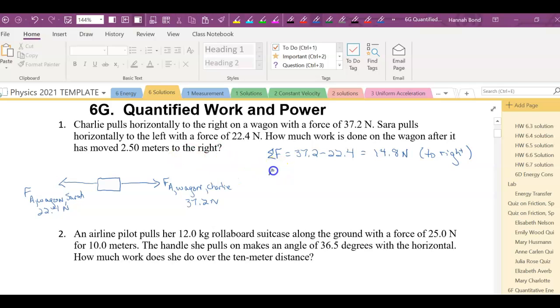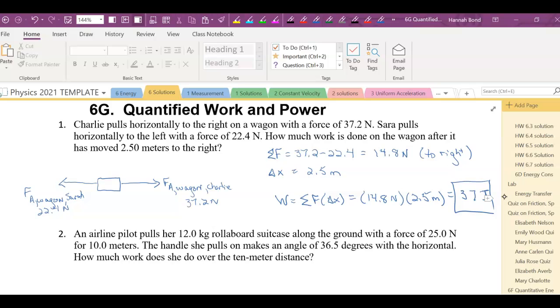The displacement of the wagon is 2.5 meters. The work is going to equal that net force times the displacement. And so it's going to be 14.8 newtons times that 2.5 meters, which is 37 joules. So Charlie and Sarah together are transferring 37 joules of energy into the system with the wagon.